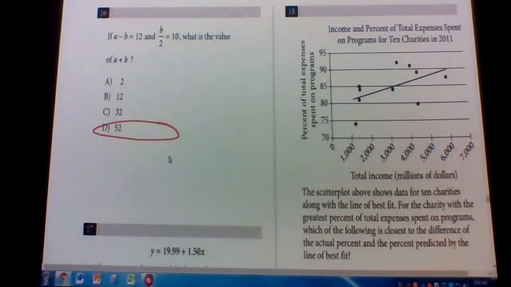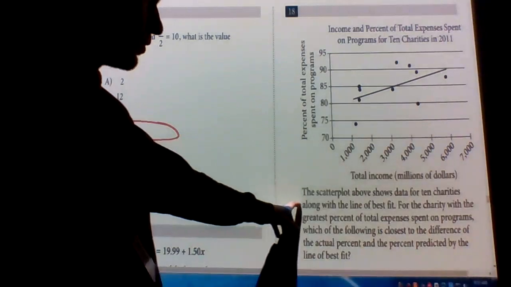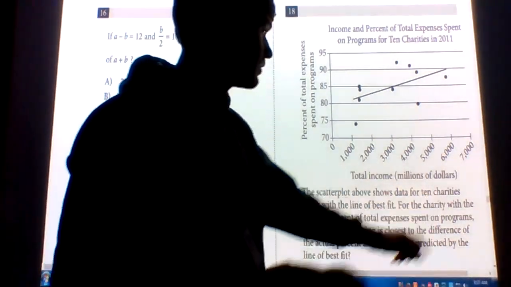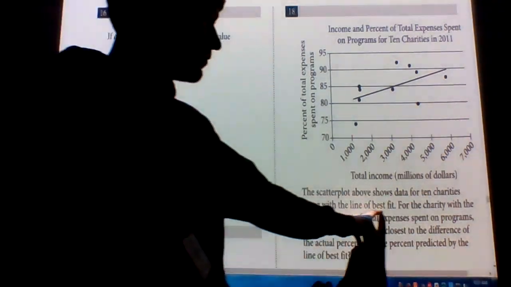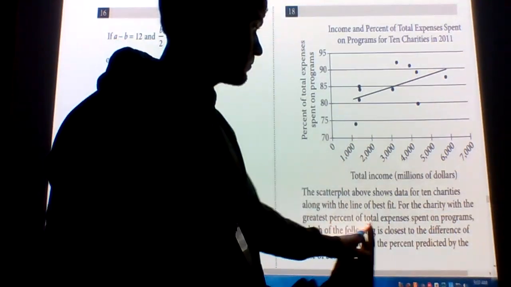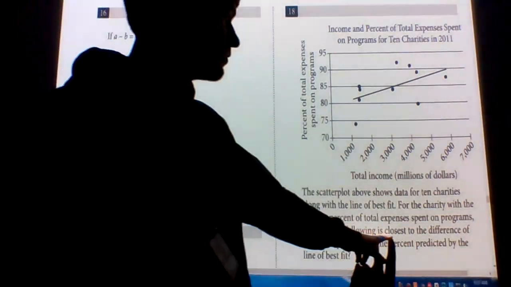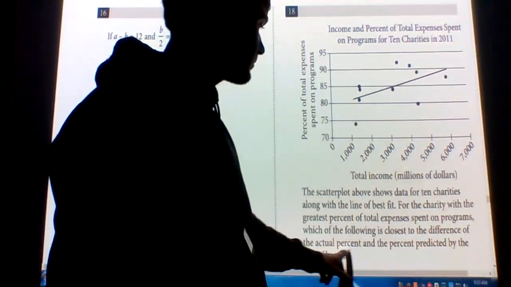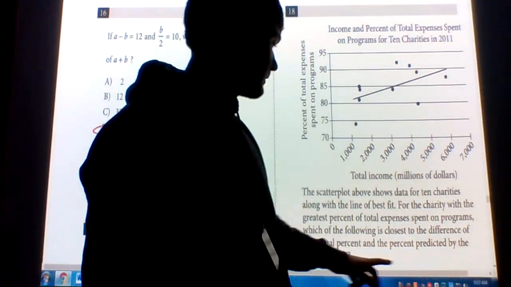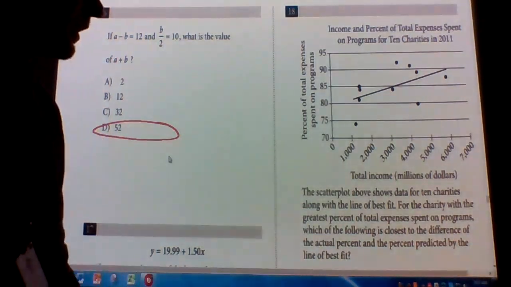18. All right, 17 was, yep, definitely A. The scatter plot above shows data for 10 charities, along with the line of best fit for the charity with the greatest percent of total expenses spent on programs. Which of the following is the closest to the difference of the actual percent and the percent predicted by the line of best fit?